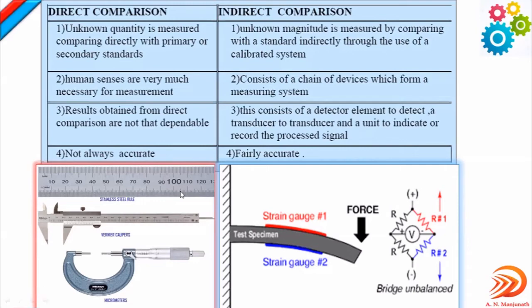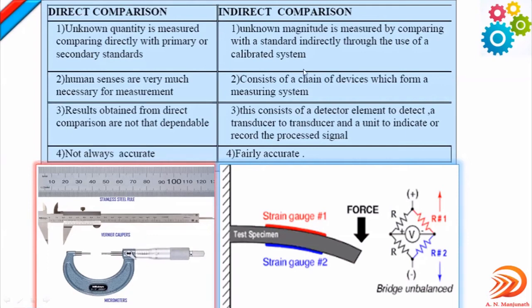See, some examples have been mentioned under direct comparison. These are the examples: if you take the stainless steel scale or the ruler, that is a direct way of doing the measurement. Vernier caliper, micrometer, all those are examples of direct comparison.